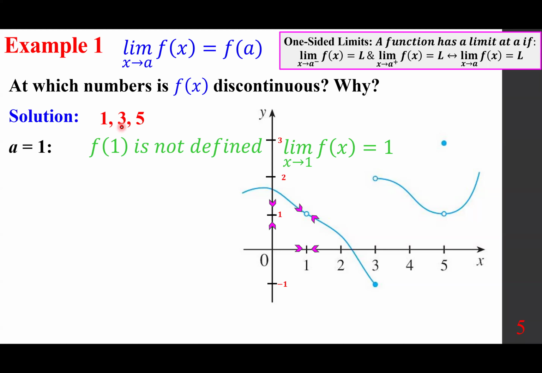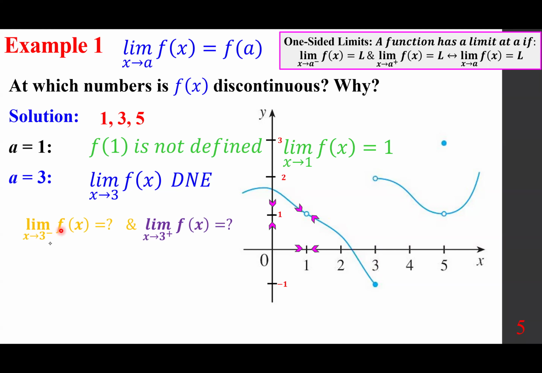The next number is 3. What's the problem here? The limit of f of x as x approaches 3 does not exist. So we need to see the reason for that. That's why for number 3, we look at the left and right.